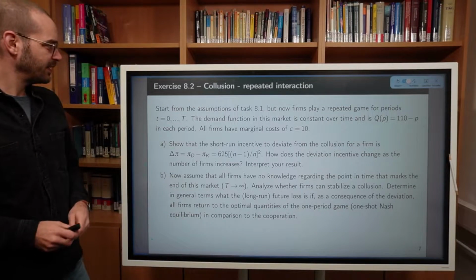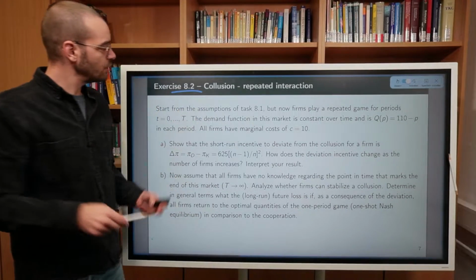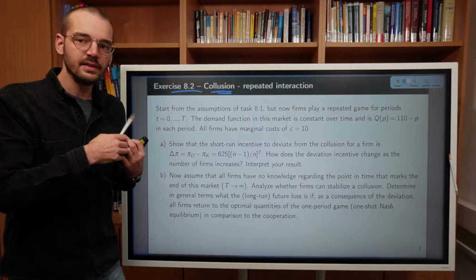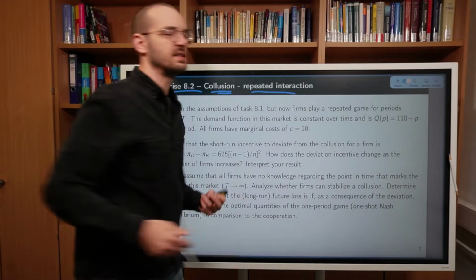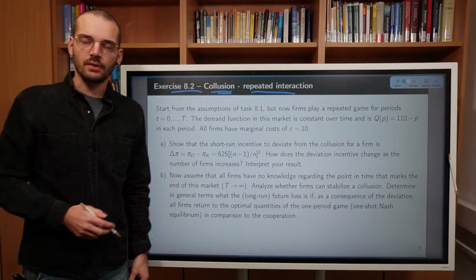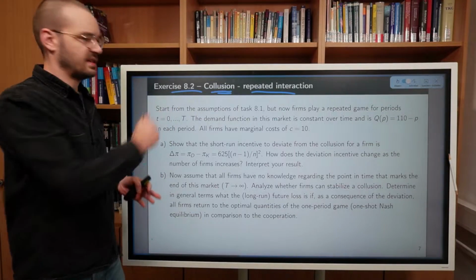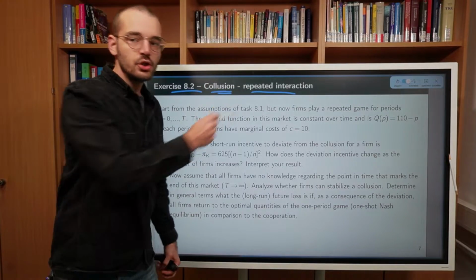In this video we are going to talk about the solutions to exercise 8.2 on the topic of collusion, and in this exercise we are going to talk about repeated interaction. This exercise of course immediately builds upon the previous exercise 8.1, where we were looking at collusion but in a one-shot situation.